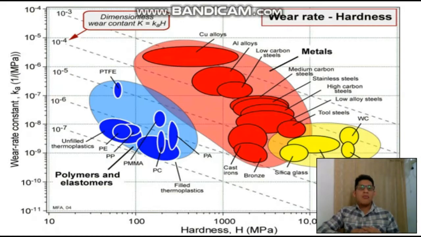For this, high carbon steel is used. This allows us to increase the hardness with a thermal treatment and reduce the wear.